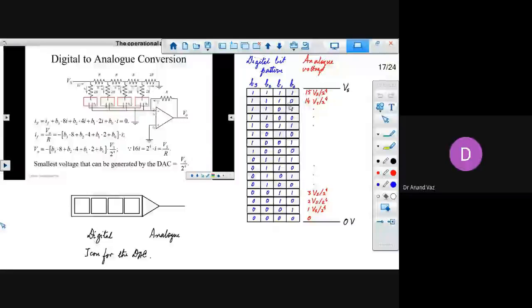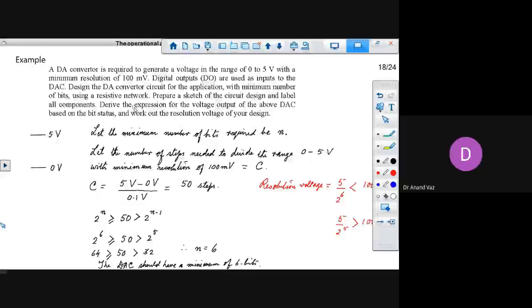So you are going up to 63 divided by 64 times 5 volts. I hope the point is amply clear now. So you just have to modify this circuit. You have to add 2 more bits to it and extend this ladder a little more. I'm not doing that part of the problem because it will consume a lot of time. I hope it's clear to you.